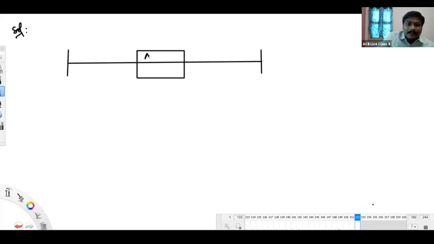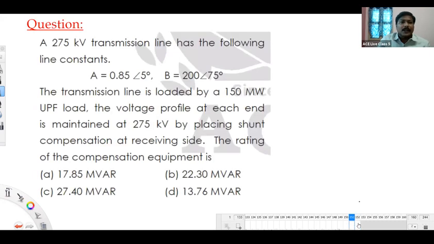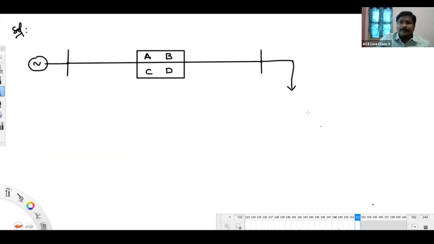Yeah. So these are the ABCD parameters of the line. This side we might have a source, and this side we have a load. How much is the power demanded by the load here? 150 megawatt UPF. Load power demand is 150 megawatts and power factor is 1, unity power factor.